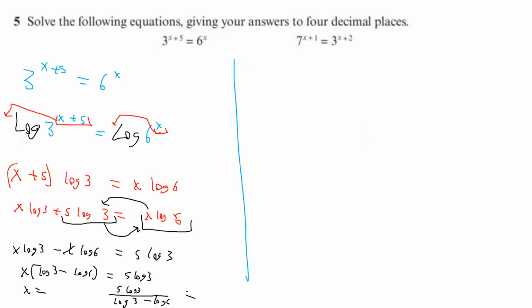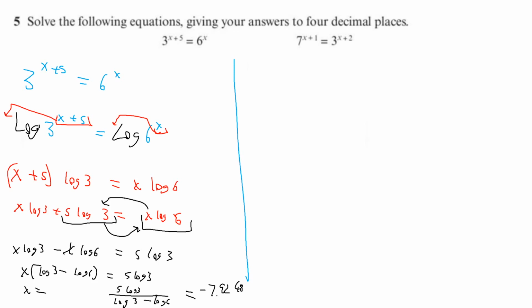Which, if you plug it into your calculator and you use any logarithmic base that you want, it can be 3, it can be 6, it can be infinity, I don't care. You should get an answer of minus 7.9248. Yeah?